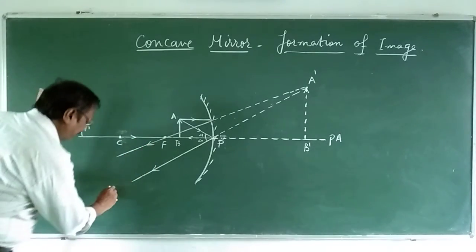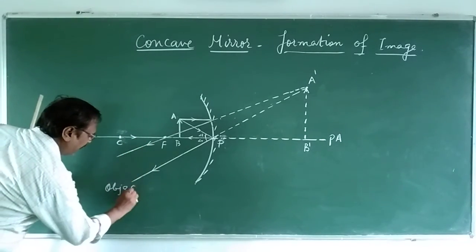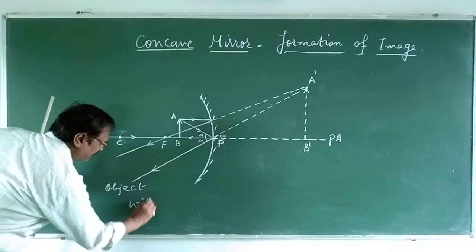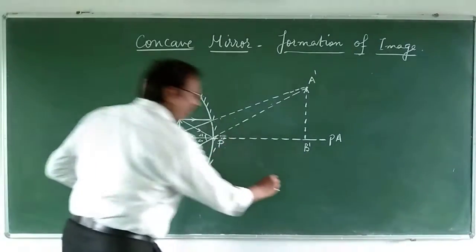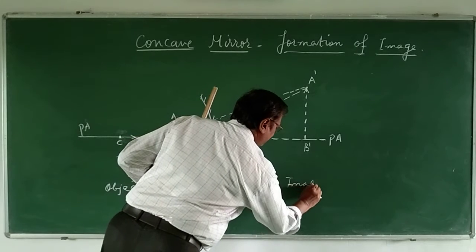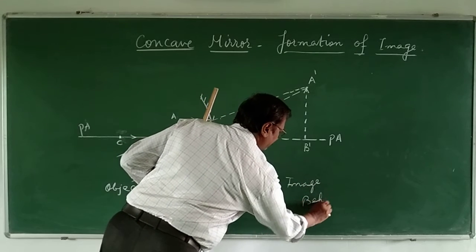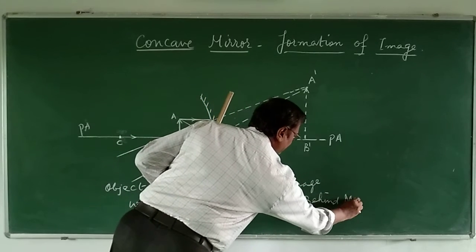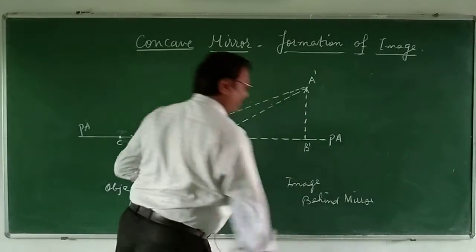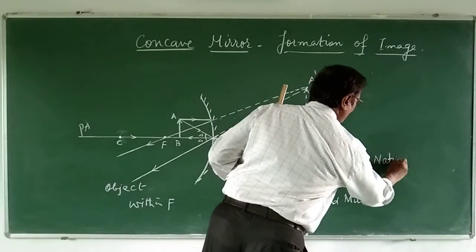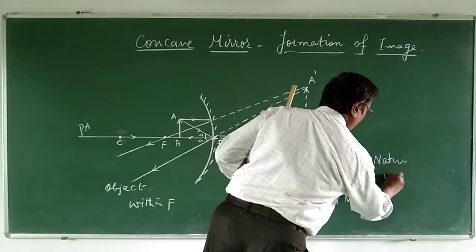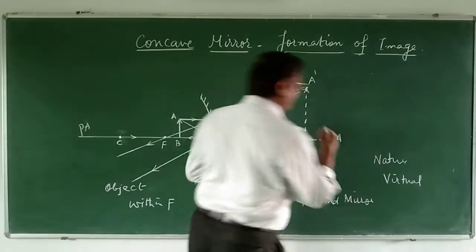Now, I have kept the object within F, within focus. Now, where do I get the image? I get the image behind the mirror. So, whenever it is behind the mirror, what should be the nature? The nature of the image is, one, it is virtual. You can't get it on the screen.